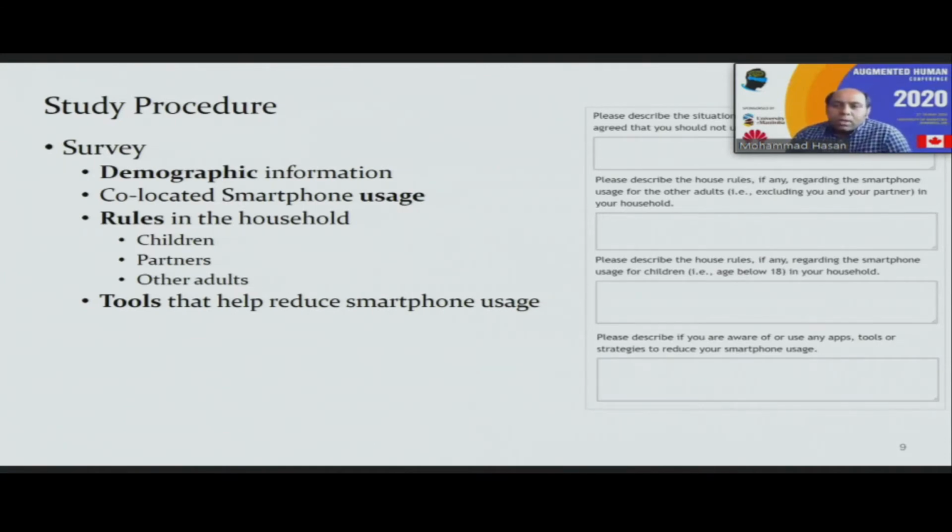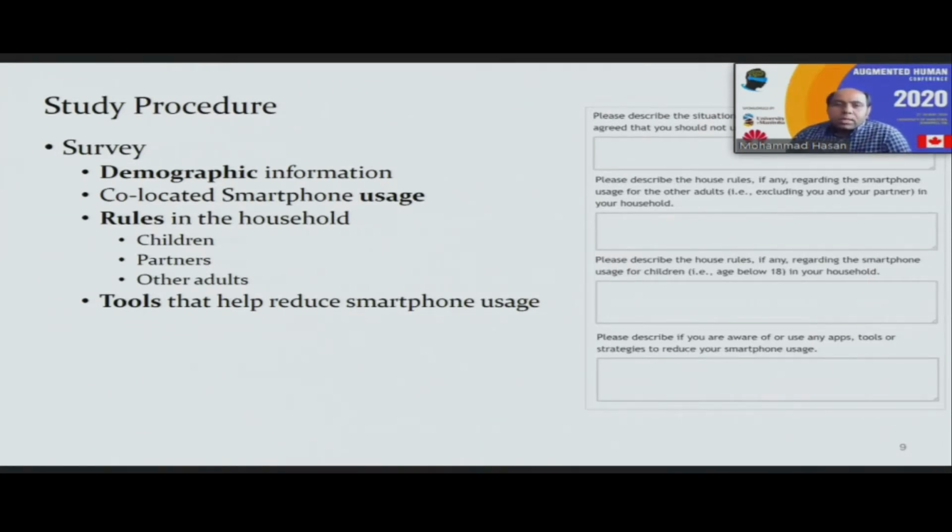We also included questions on the rules in the household. Especially, we focused on three different groups: their children, their parents, and other adults, for instance any senior people or anyone more than 18 years of age.